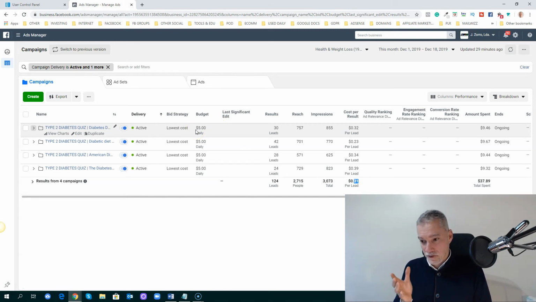So you need to, of course, have your pixel installed, so that Facebook can learn from the events that are being triggered, and over that period, usually you see the ad sets are in learning mode, because Facebook has not the enough number of events to be optimized.